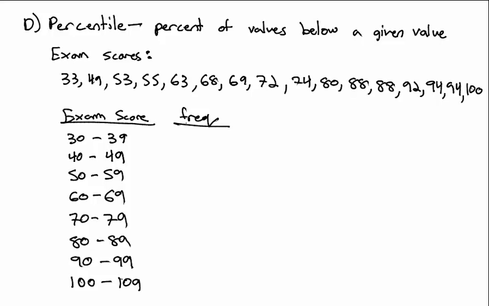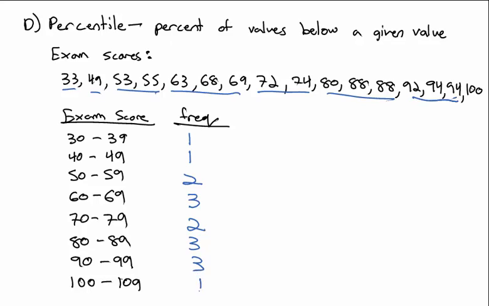And we'll do the frequency. There was one value between 30 and 39, one value from 40 to 49, two values in the 50s, three values in the 60s, 2 values in the 70s, 3 values in the 80s, 3 values in the 90s, and 1 value at 100 and higher.